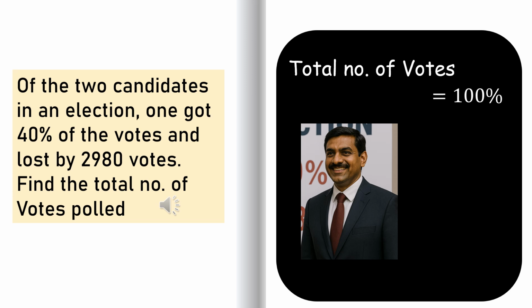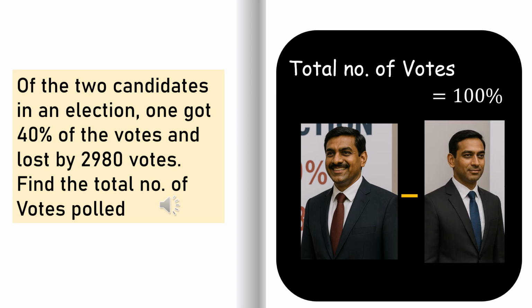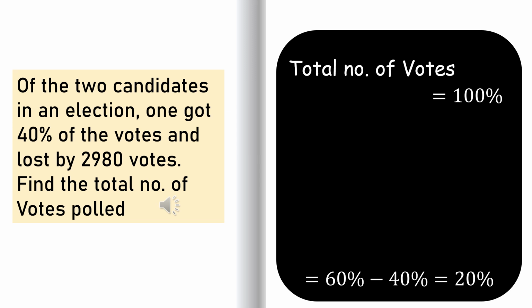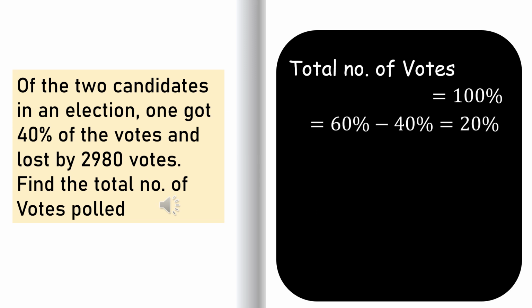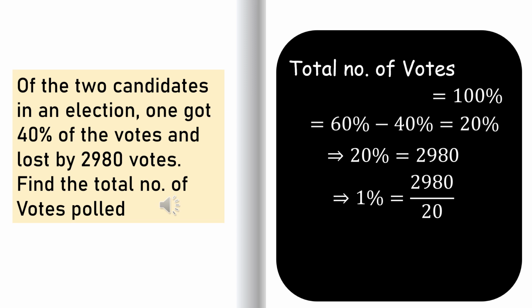Now let's find the difference between them. 60% minus 40% is equal to 20%. And the question tells us that this 20% is equal to 2,980 votes. So we say 20% is equal to 2,980, which means 1% is equal to 2,980 divided by 20, which equals 149.